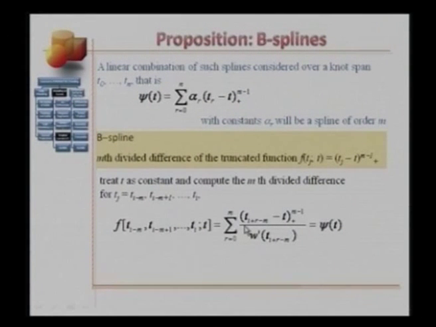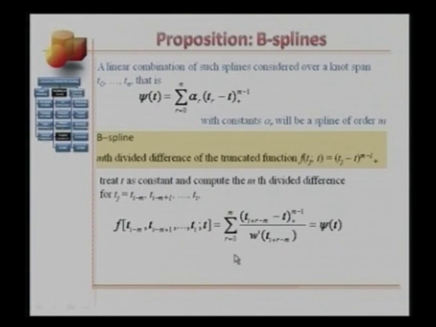Look at the numerator in each term in the summation here and try to relate this entire expression with this expression here, alpha r times (tr minus t) truncated m minus 1. What do you observe? You would note that each term by itself is a spline of order m. 1 over w prime evaluated at t(i+r-m) are the constants alpha r.